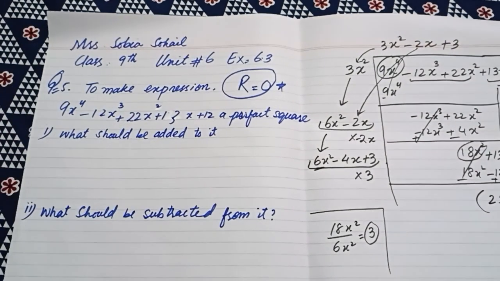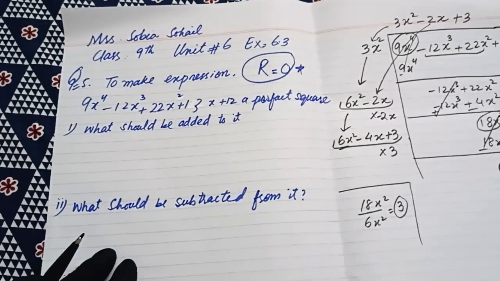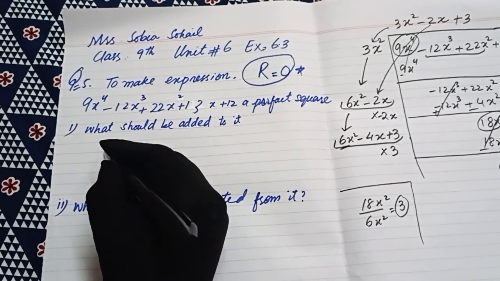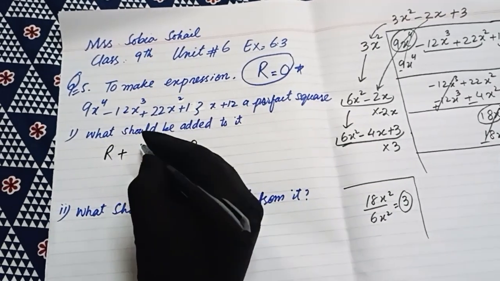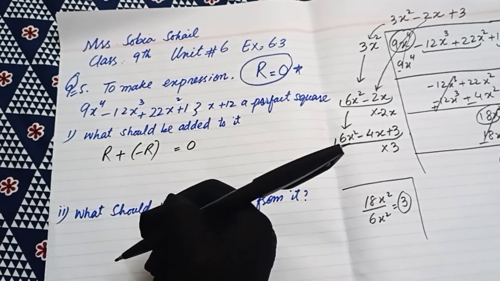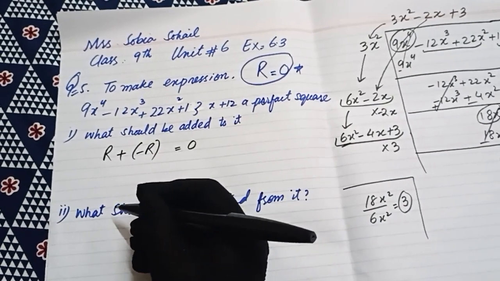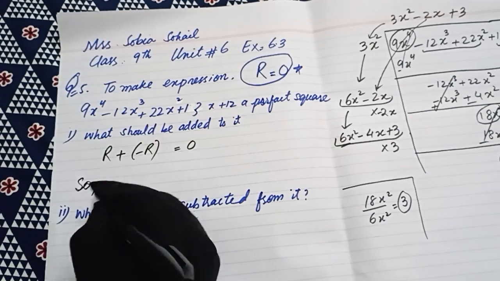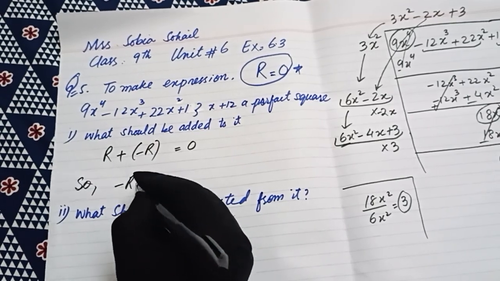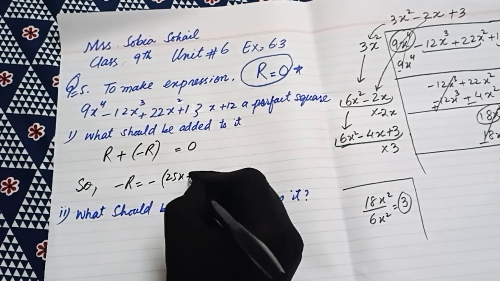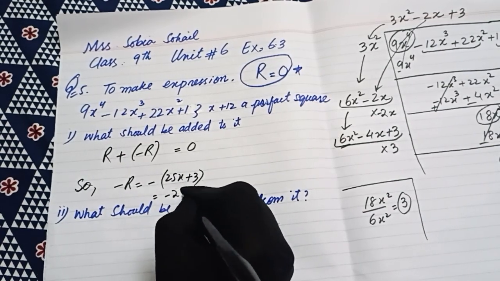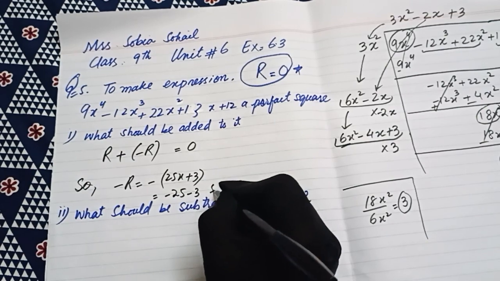Okay, so from the remainder, if you want to make the remainder 0, what should be added? Obviously the negative of the remainder. So what is the negative of the remainder? Minus r, which is the negative of 25x plus 3, equal to minus 25x minus 3, should be added.